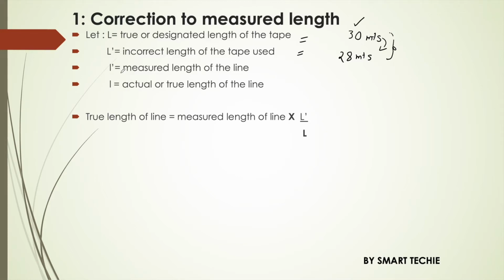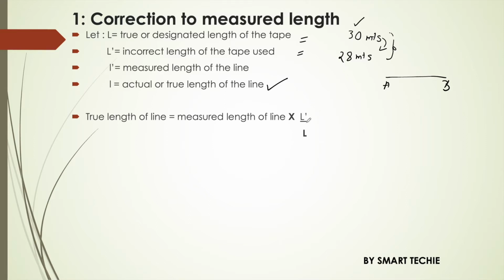Next, the measured length of the line. For example, I have taken this tape and measured the length of the line AB. So what is the actual true length of the line? That is what we are going to find out.